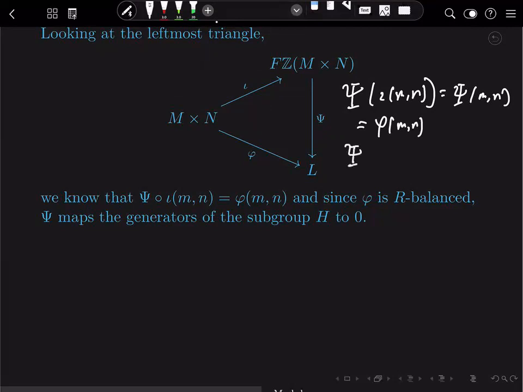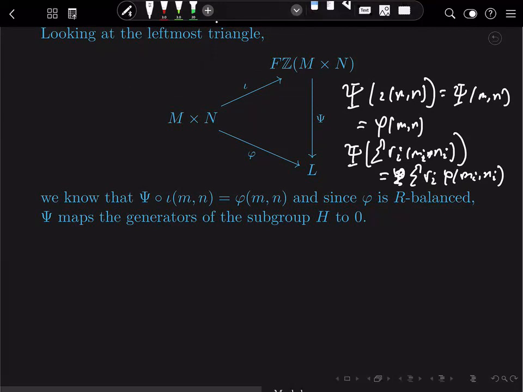So we have psi of the sum of R sub I, M sub I, N sub I is equal to the sum of R sub I, phi of M sub I, N sub I, because we can have sums in the free group. So we just extended linearly to the sum.